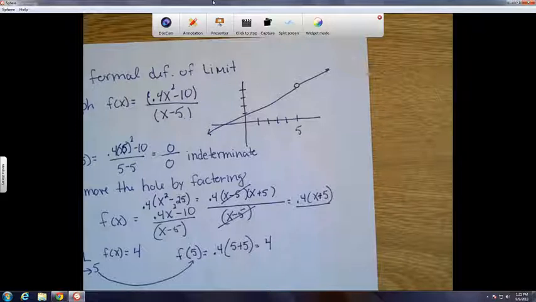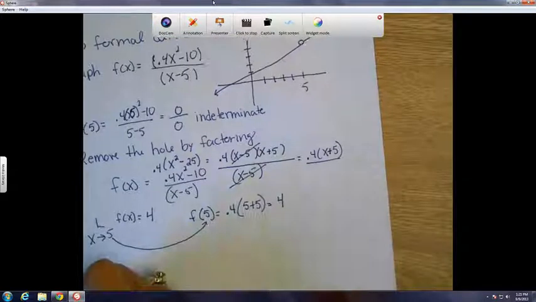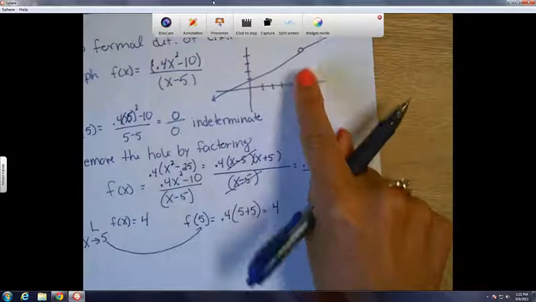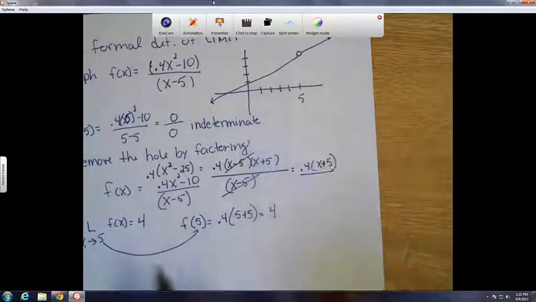Now, what I want to do is make this graph just a little bit stretched out, a little bit bigger in scale.